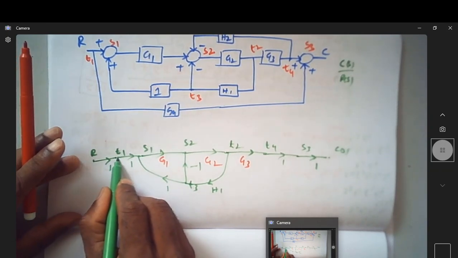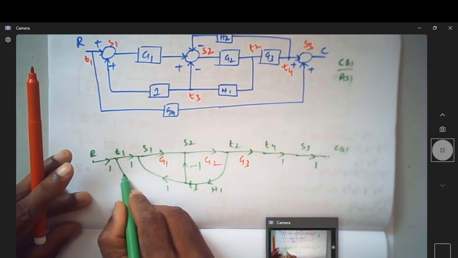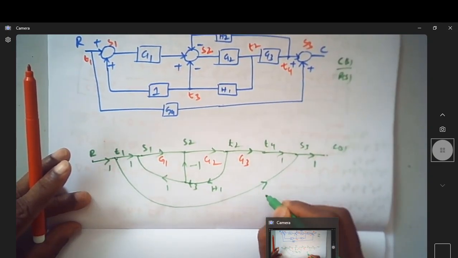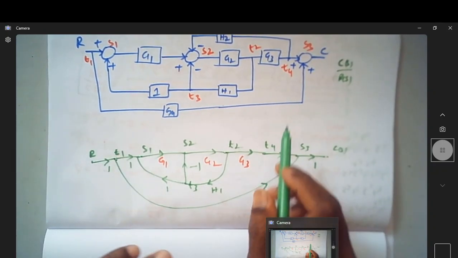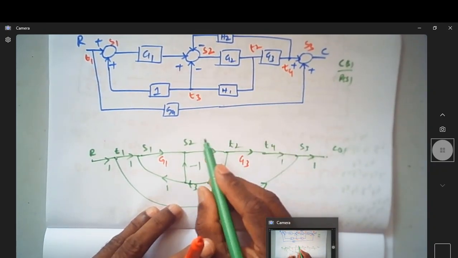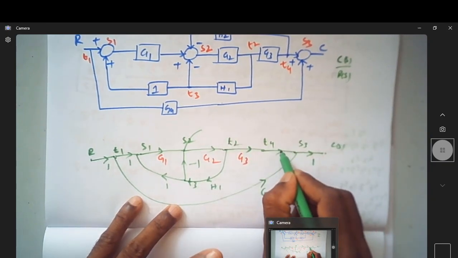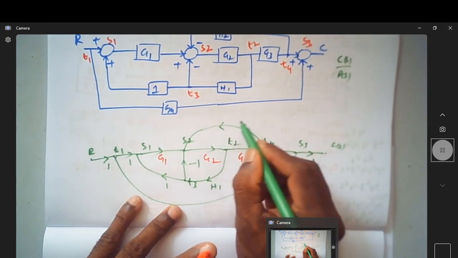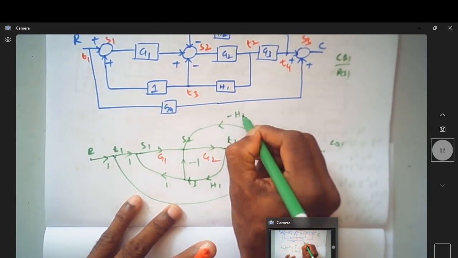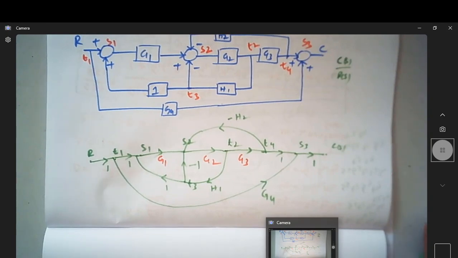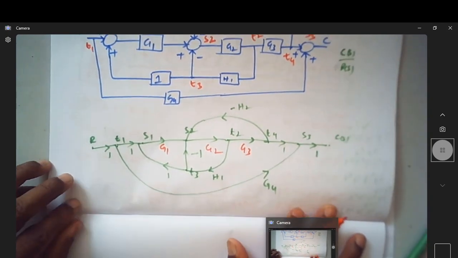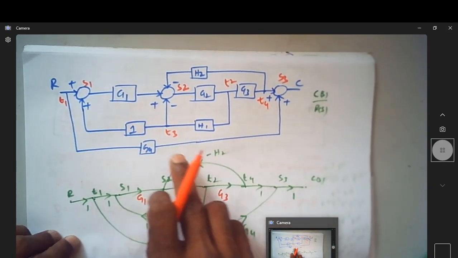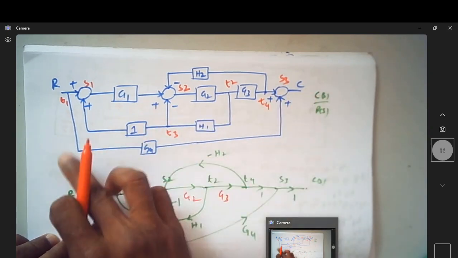Then from this takeaway point to this summing point I have a gain of G4. And from this T4 back to S2, with the path gain, it is minus H2. Hope we are done with the signal flow graph. So this is done. Fine.